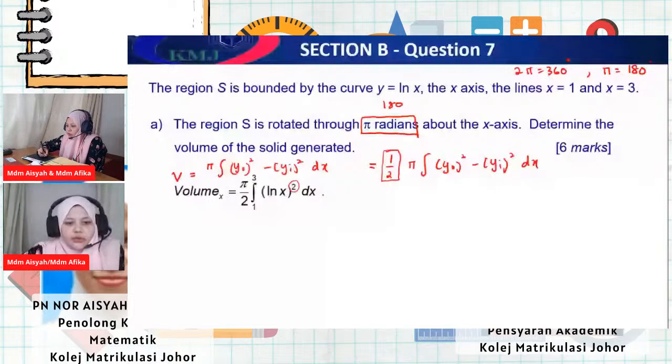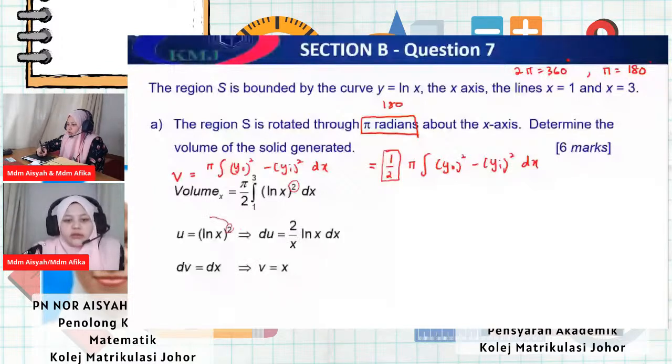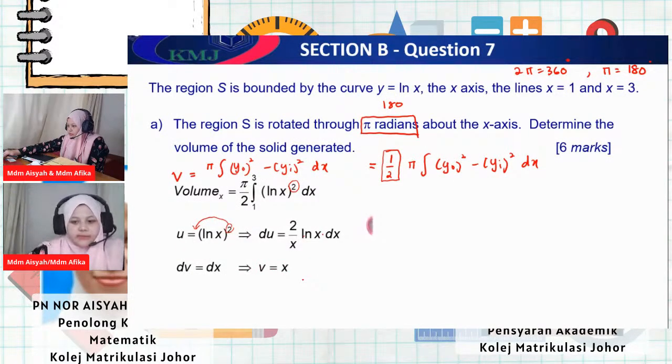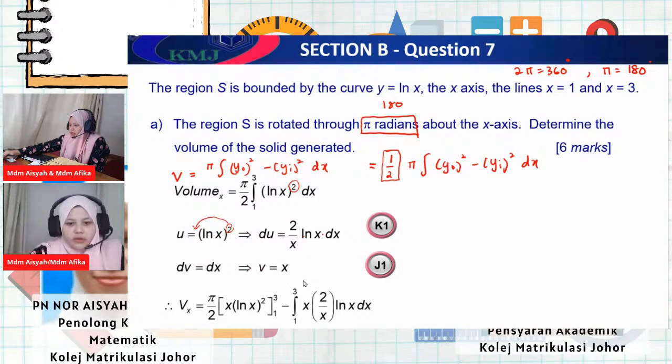So u is (ln x) squared. Differentiate u, you will get 2 brought to the front, and then ln x, and then differentiate ln x, you will get 1 over x. So that's why du is equal to 2 over x ln x dx. And dv is dx, so v is x.